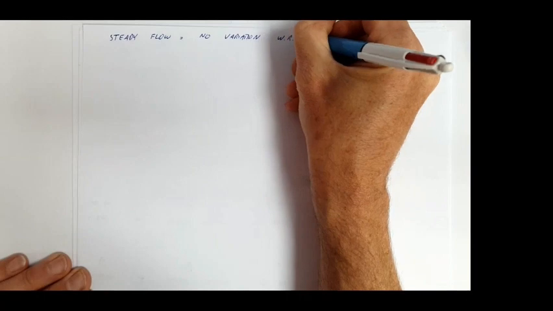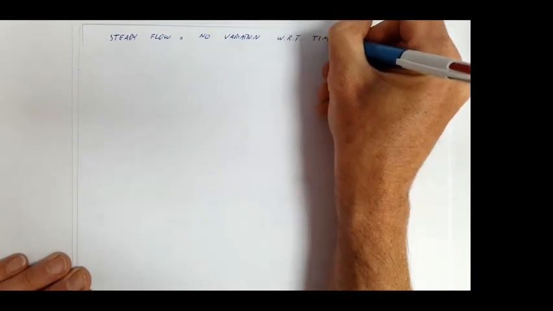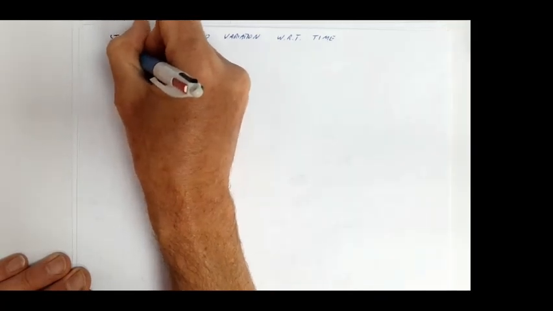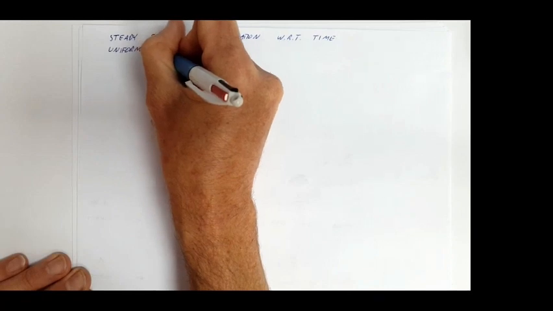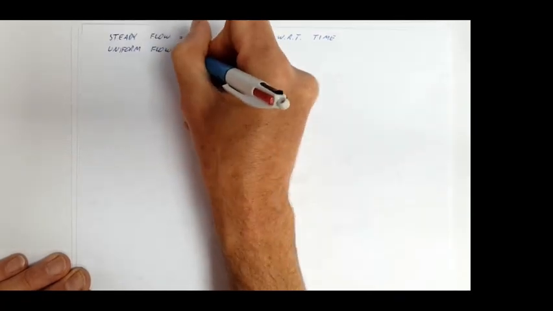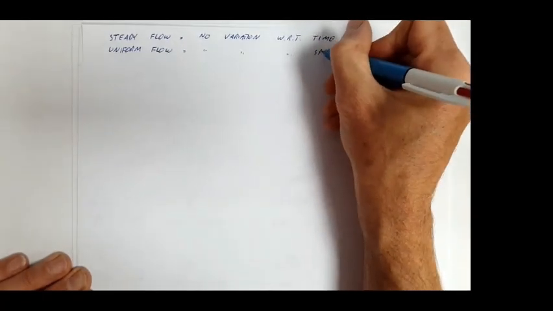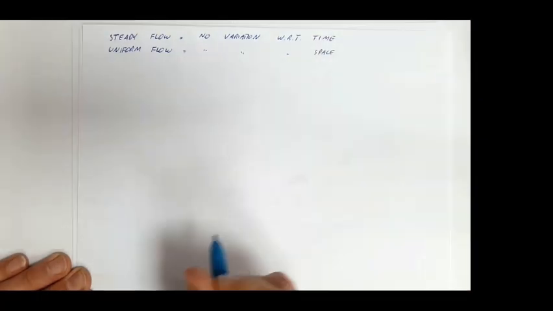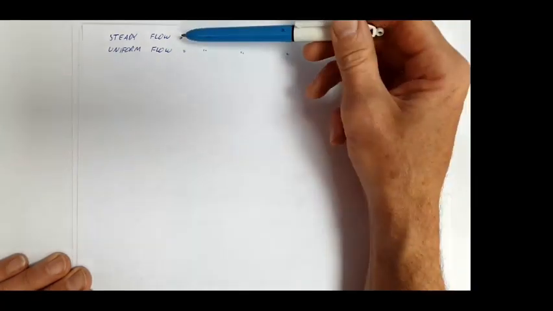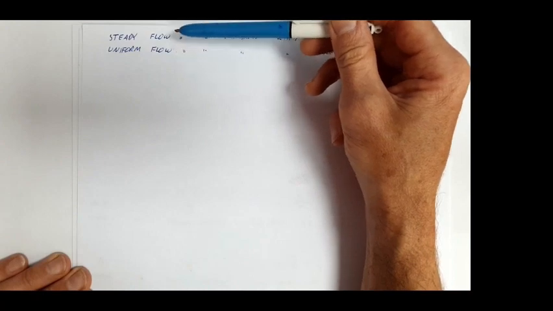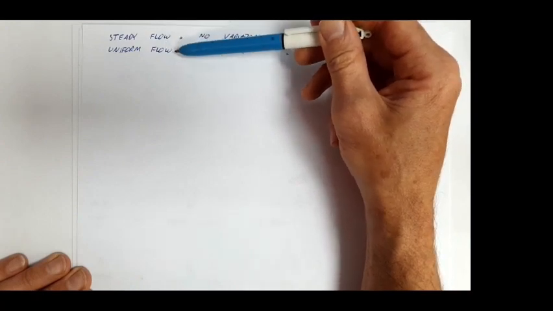Uniform flow has no variation with respect to space. So we can therefore have four different sorts of flow: steady uniform flow, steady non-uniform flow, non-steady uniform flow, and non-steady non-uniform flow.